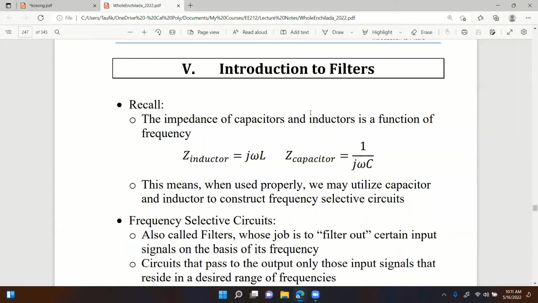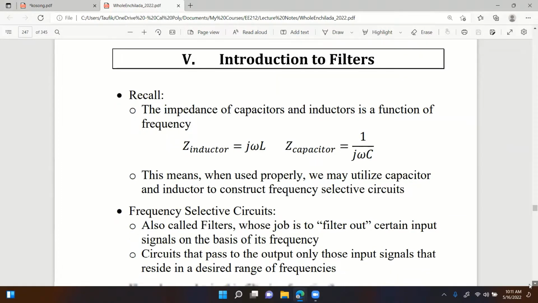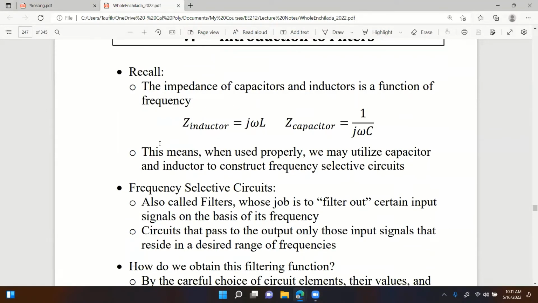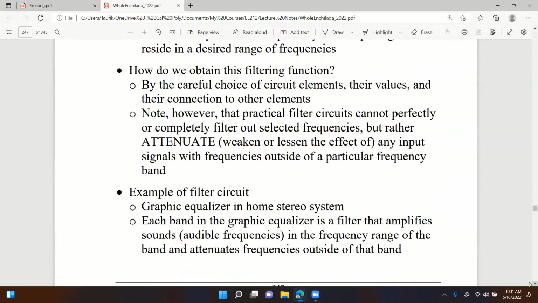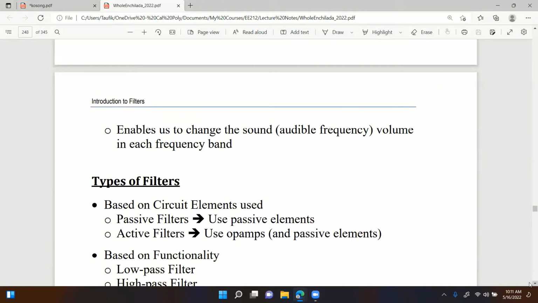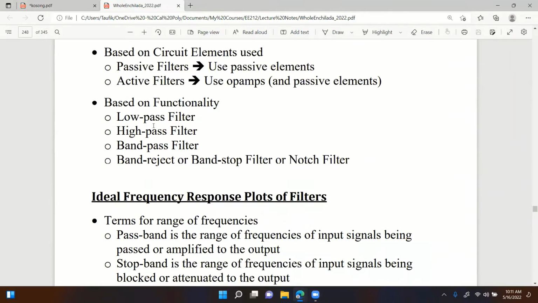All right, last week we started the discussion on introduction to filters. We went over the definition of filters, the types of filters depending on components used, as well as functionality of the filters.